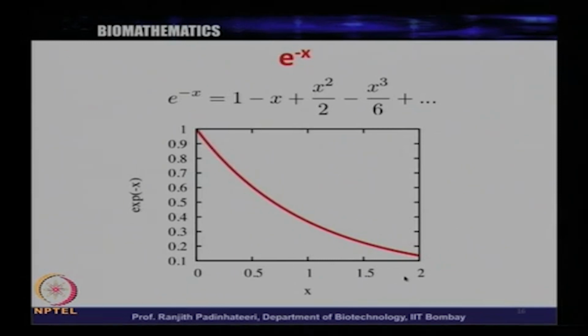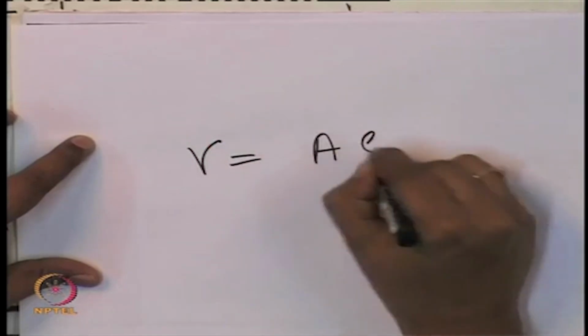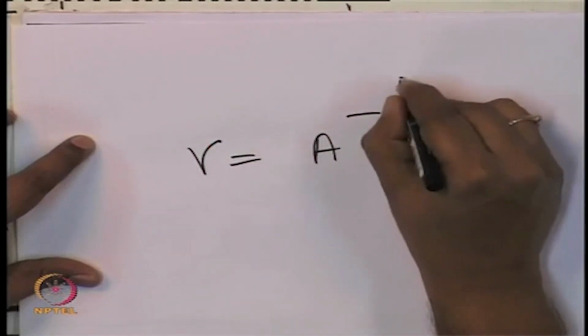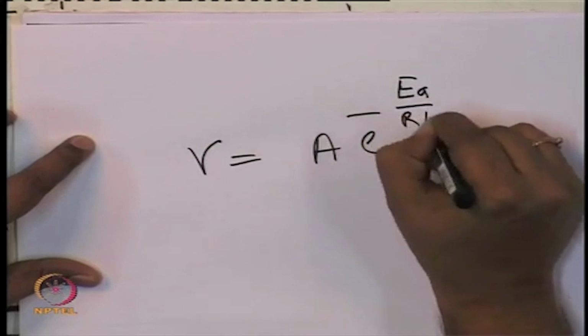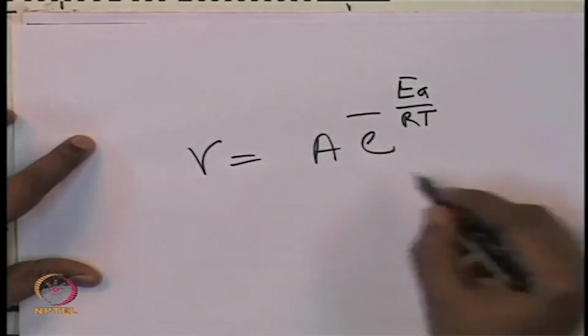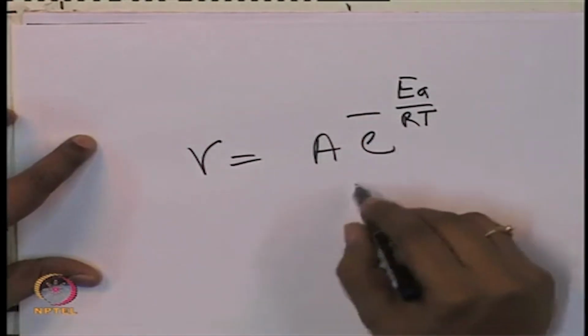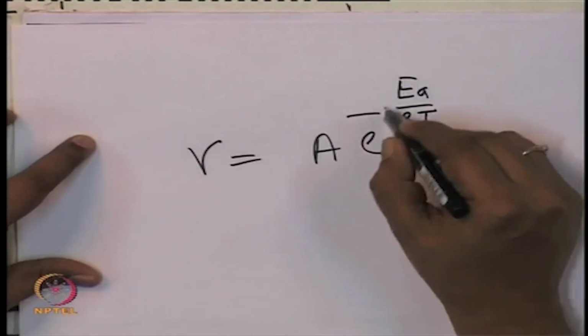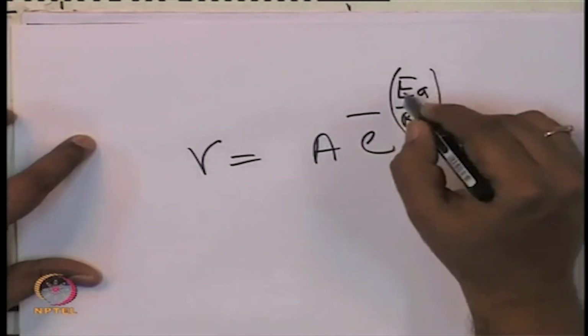We saw at some point that r is a e power minus E a by r t. So, the rate of a reaction decreases as whatever is in the bracket increases.